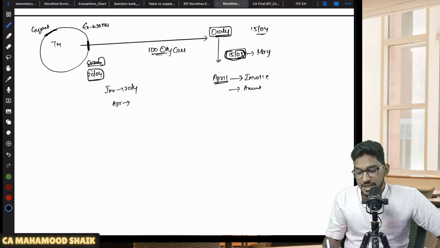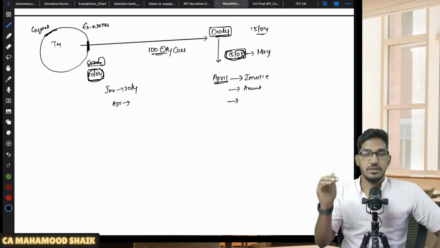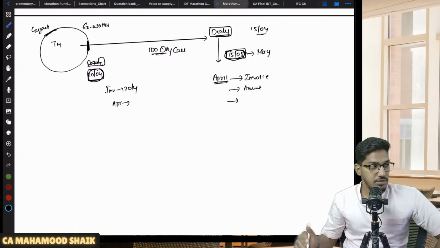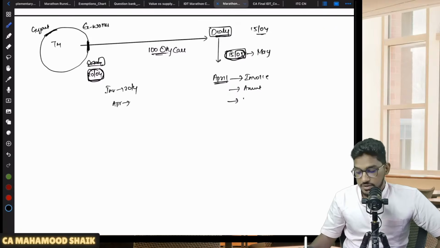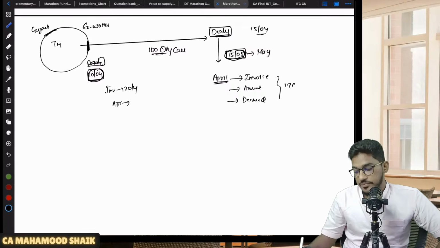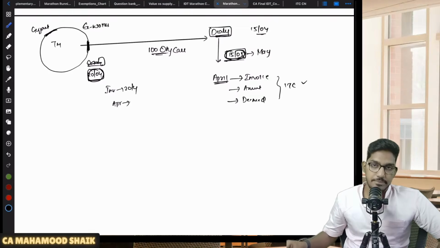So it will be deemed as if the goods were received by this recipient on 20th of April only, that means in the month of April itself, and you can avail ITC. You need not wait till 15th of May.